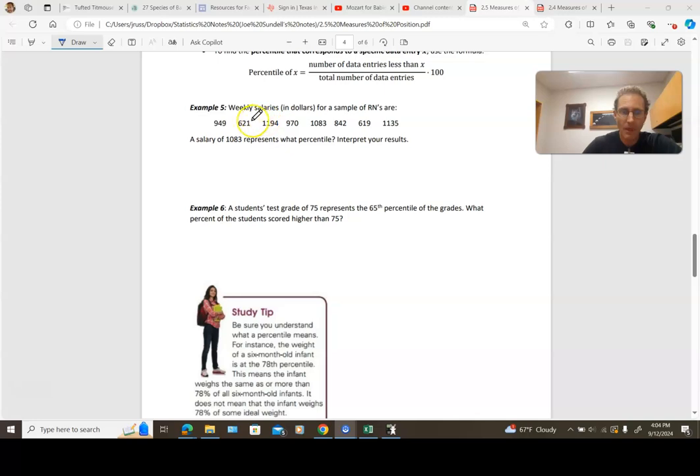You could even mark these off if you wanted. This one's below, this one, and this one. And so it appears as though there are 5 that are below. I'm going to say 5 entries less than $1,083.